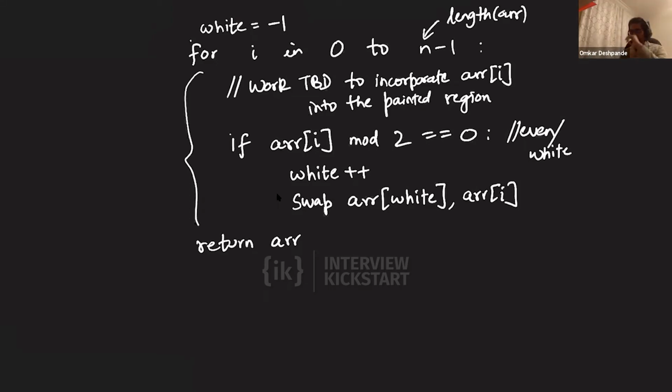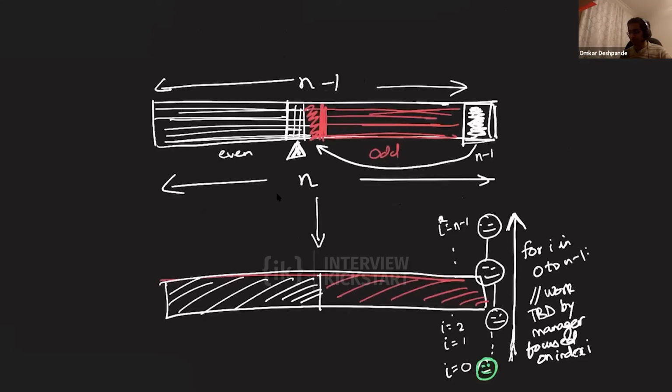Sudeep? Yeah, I have one follow-up question. This says order doesn't matter, but if we have to tweak the problem and say we don't need to sort it, but the relative order has to be maintained, can we still solve that in linear time? No, then you'll need something stable, and then, well, linear time might still be possible, but not single pass, right? You can do one pass to figure out what the size of the white and red regions are, and use auxiliary space.